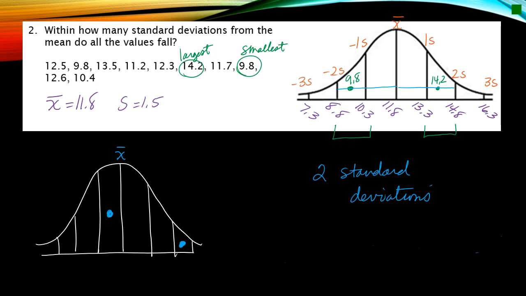So this is your mean, 1, 2, 3, -1, -2, -3. If you have something like this happen, where they're not symmetrical, unlike the past 2 examples where they've both been the same number of standard deviations away, you have to look at the farther one. So even though this one right here is only 1 standard deviation away, this one is 3 standard deviations away. So your answer is the larger distance. The answer to this one would be 3 standard deviations.